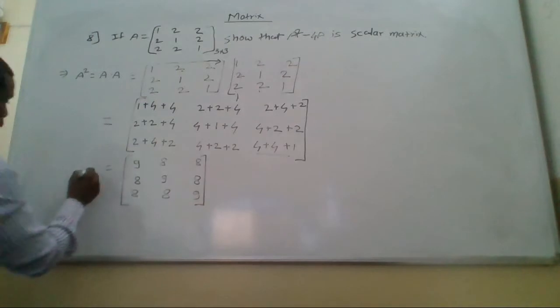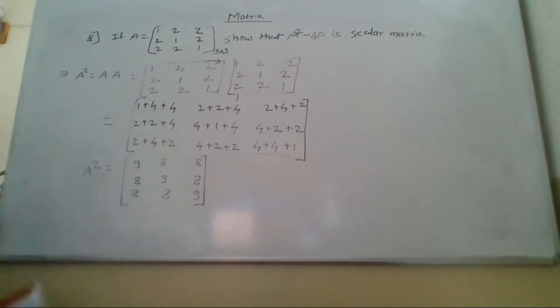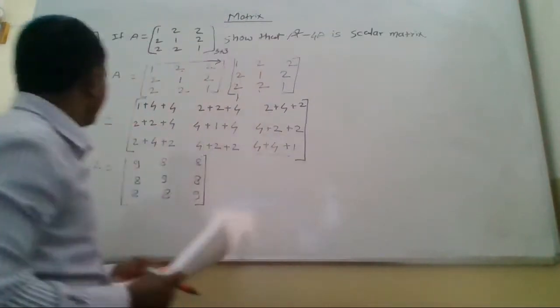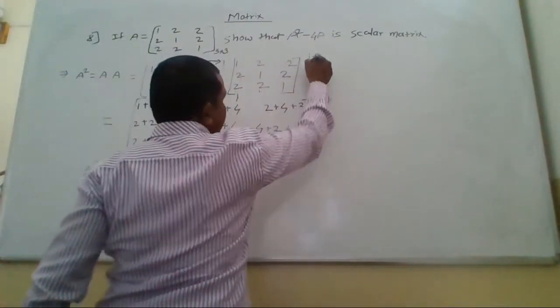So this is A square. Now we need to show that A square minus 4A is a scalar matrix. So here A square minus 4A.